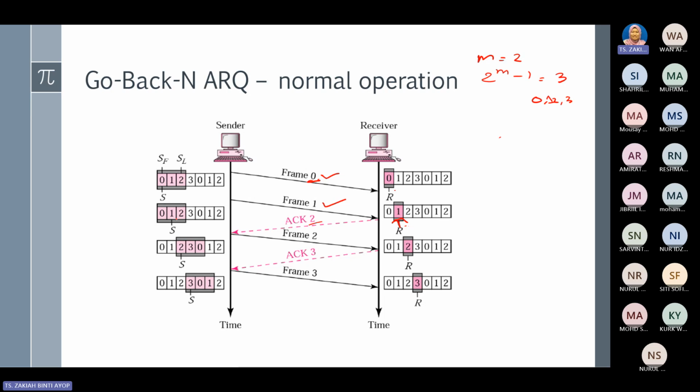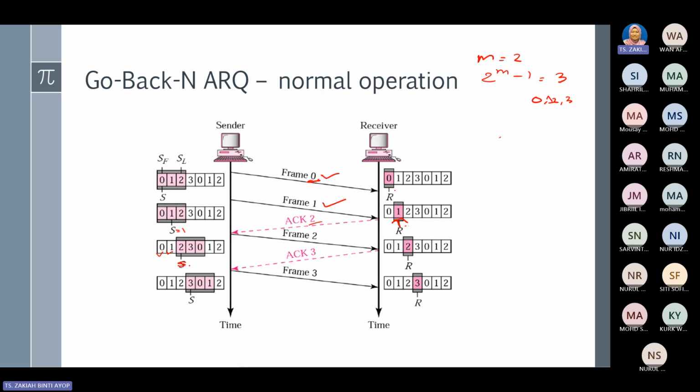So in this case, when the sender sends frame 1, S is equal to 1 here. And then when it received the ACK2, it knows that 0 and 1 have been acknowledged. So it would slide the window to frame 2.